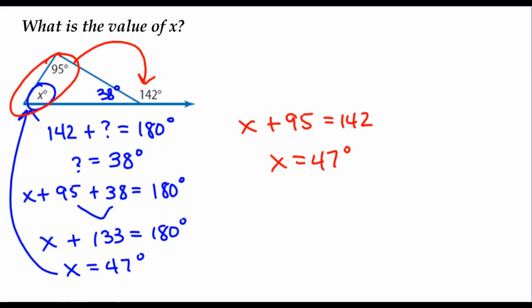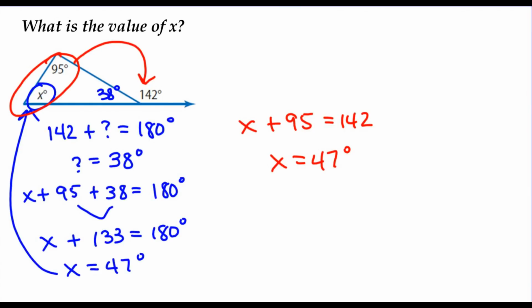Pretty fast way to solve for that missing angle if I know one of the exterior angles. So two methods to solve that, either using what we know about the three interior angles adding up to 180 degrees, or the two opposite angles adding together to equal one of the exterior angles. So two ways to solve that problem.